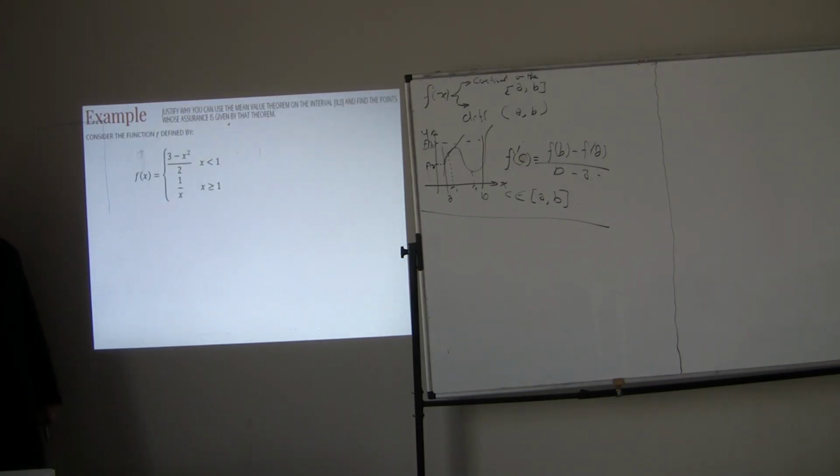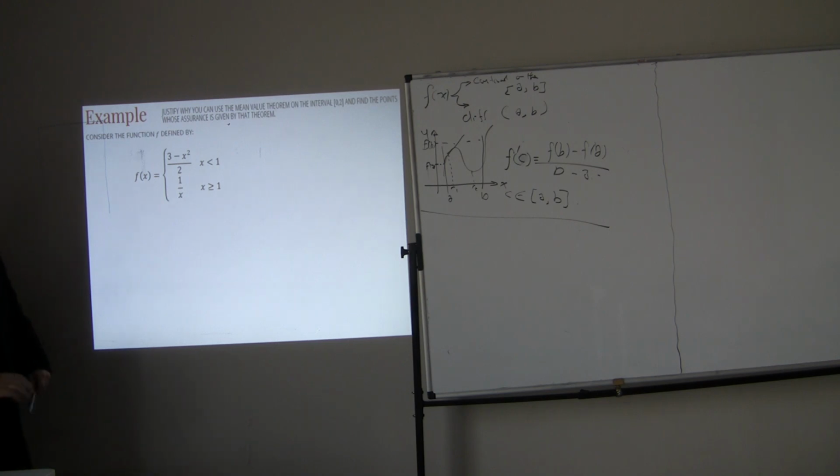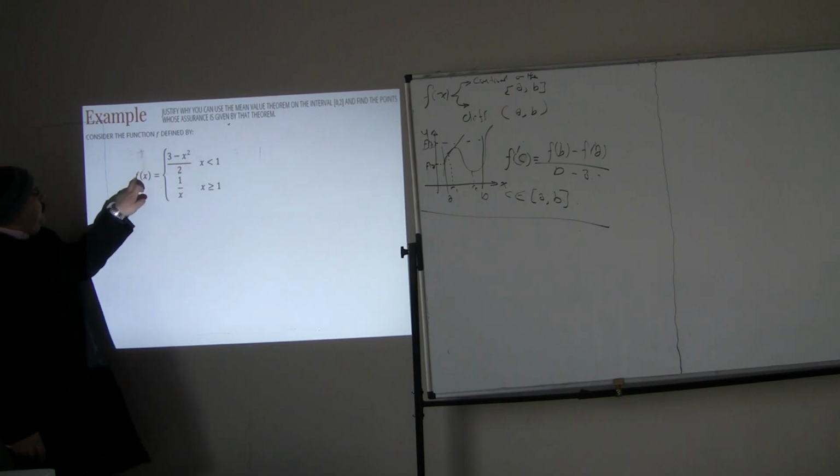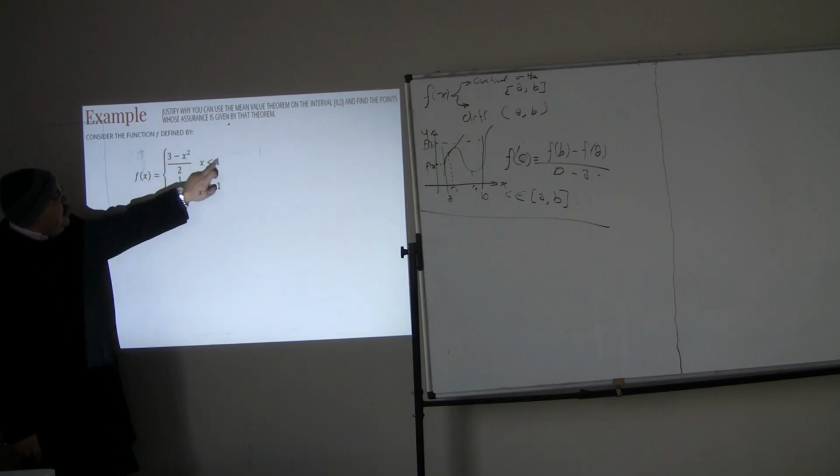Let's apply the MVT on this piecewise function. First of all, if you look at this function, you will find that it is defined on more than one domain. The first part of this function is 3 minus x squared over 2, and it runs for x less than 1.